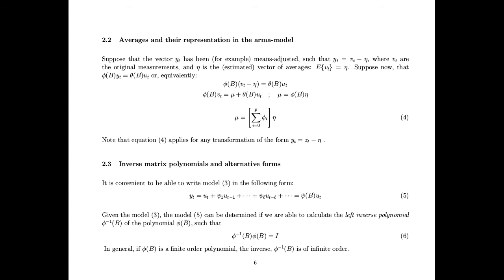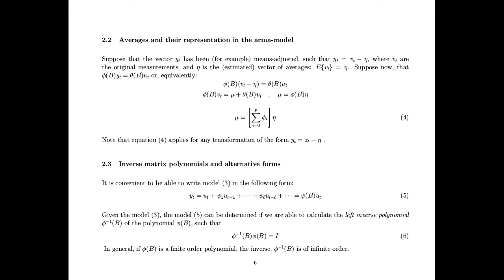In a multivariate setting, it's effectively the same thing that we're doing. We want to solve this equation, basically. So we want to find which inverse operator: the inverse of phi of B is the one that you can pre-multiply on phi of B to get the identity matrix. That all makes sense, right?